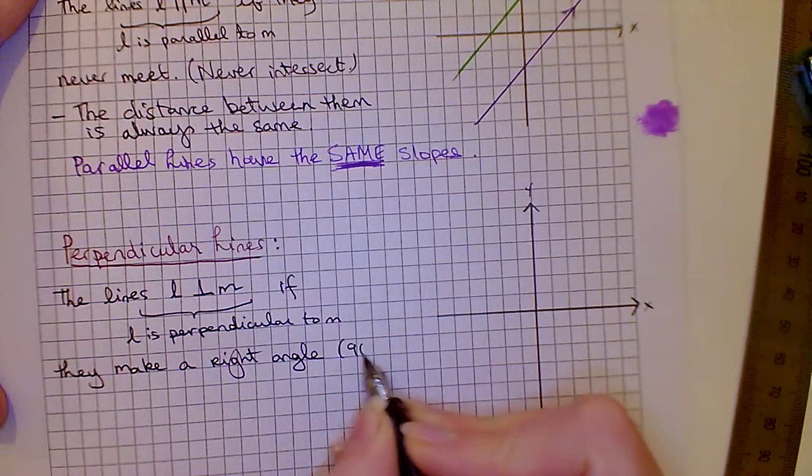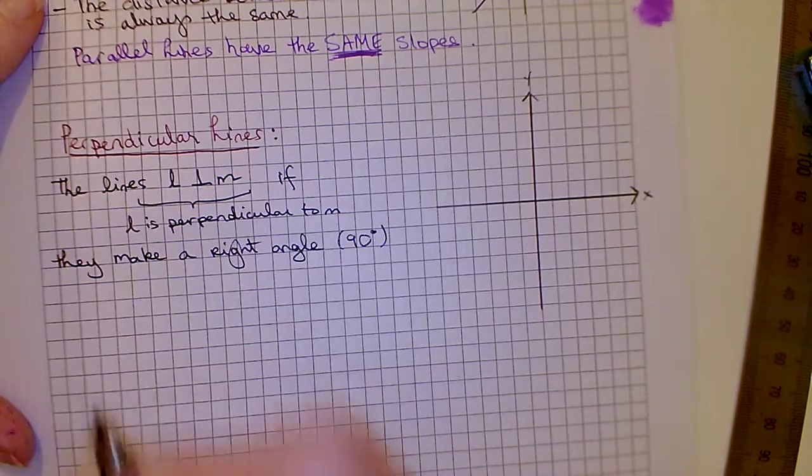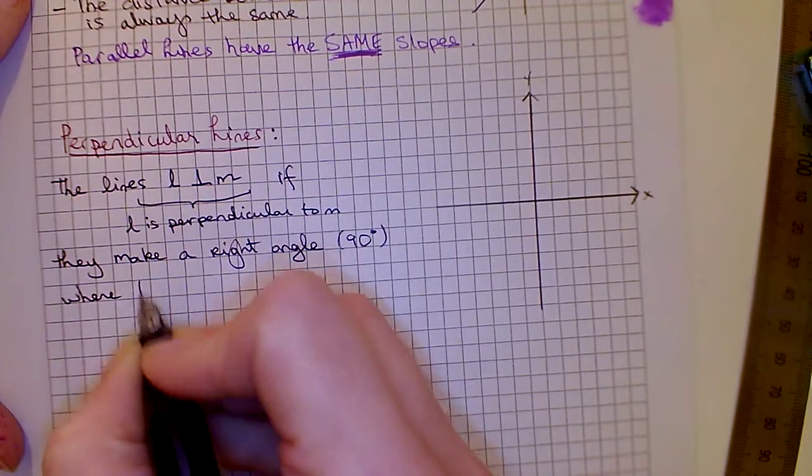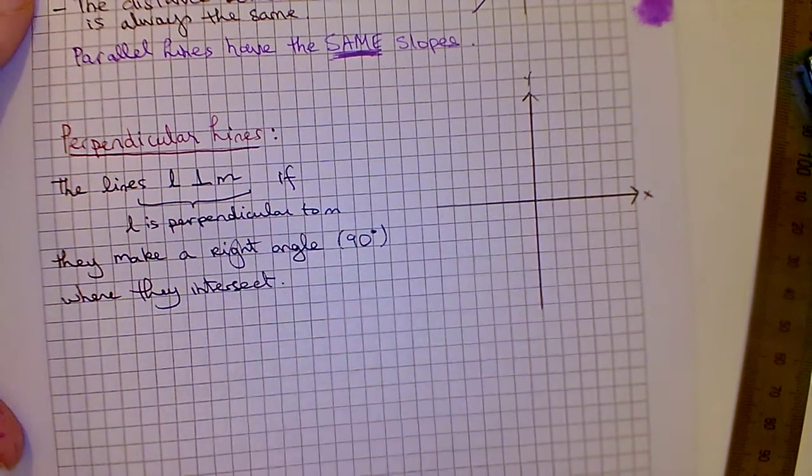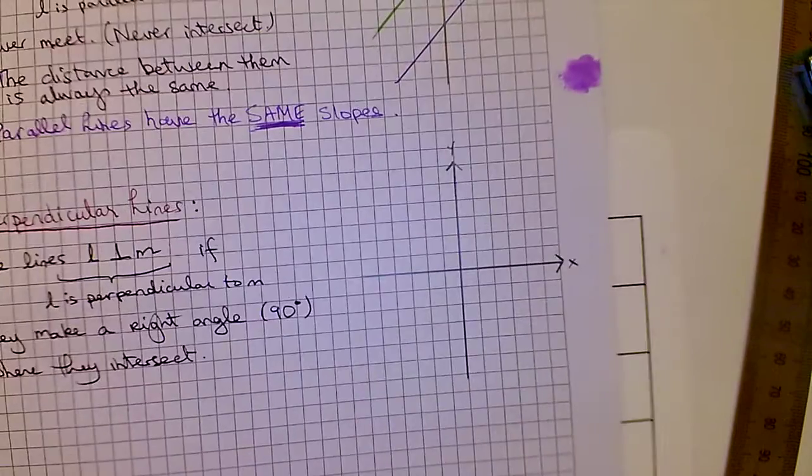A right angle, 90 degrees, a quarter circle where they intersect. So parallel lines never meet, and perpendicular lines meet at a right angle.